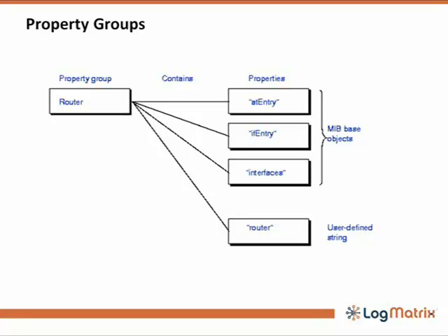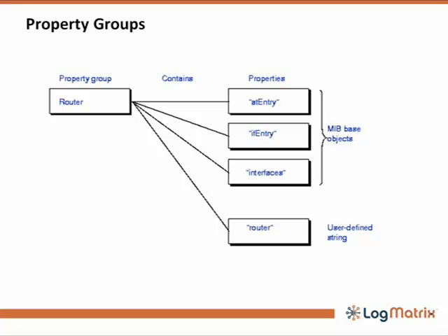We define these property groups when we set up our NerveCenter servers. The first thing that we need to do is account for the base objects that are going to be polled against those nodes. Any base object that you need to poll for that node must be in the property group list.